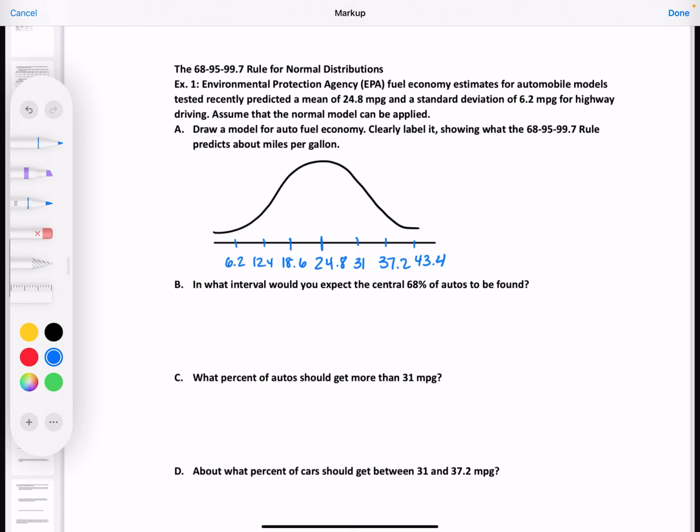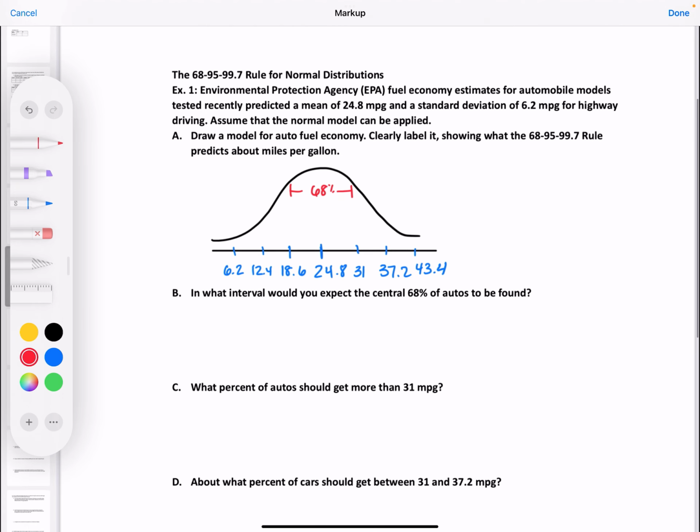And then it just wants you to draw the region where you have each percentage. So for 1 standard deviation away, it wants you to show the 68% is there. 2 standard deviations away is 95%.